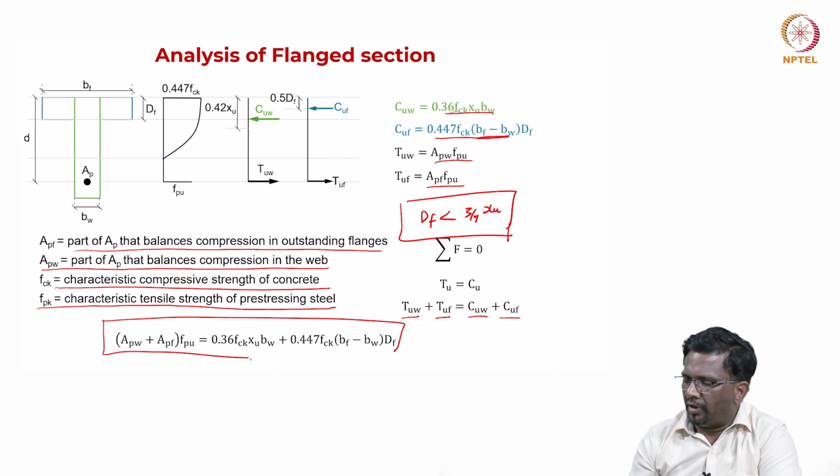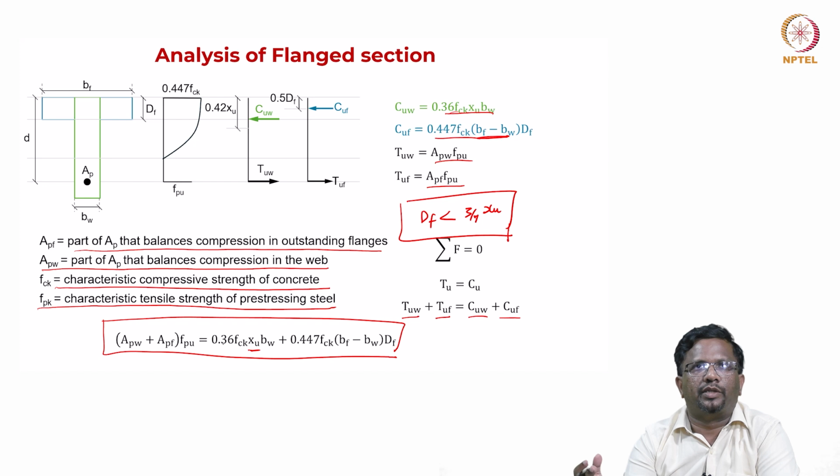So, now we have to ensure for a particular value of XU, we satisfy this. If we do not satisfy, then again you go back and either increase or decrease XU, and repeat the process until equilibrium is satisfied. Once equilibrium is satisfied, you can calculate your internal forces like this, and you can find your moment resistance.